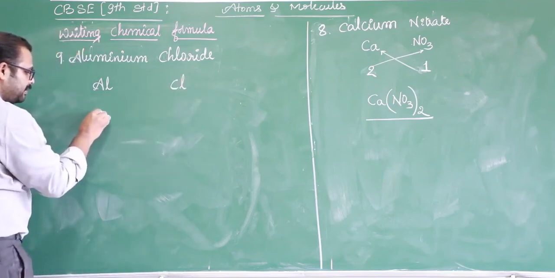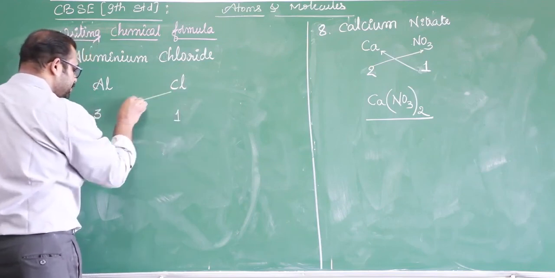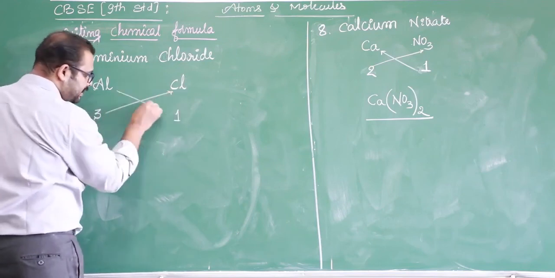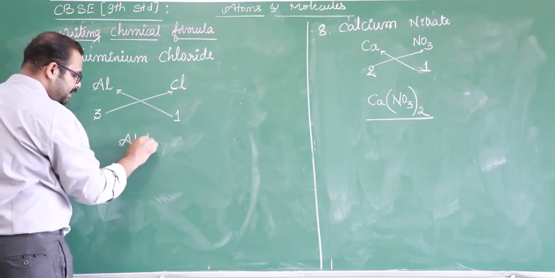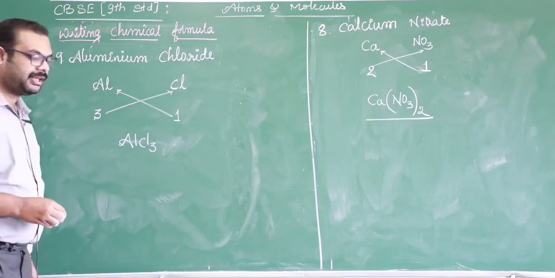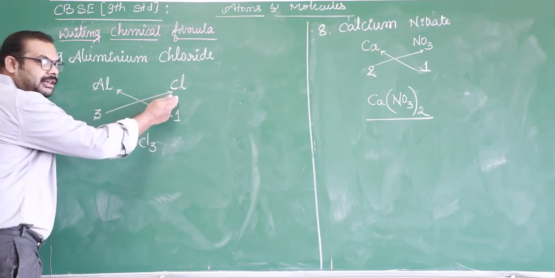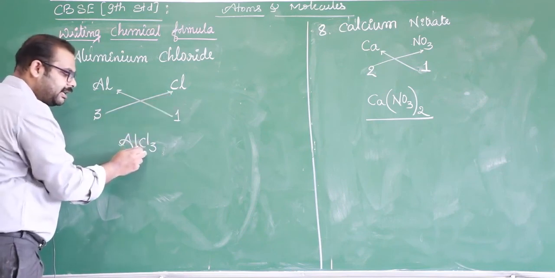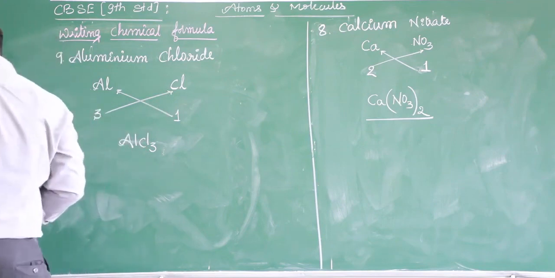So the valence of aluminium is 3 and that of chlorine is 1. So crossing their valencies, you'll get the formula AlCl3. This is aluminium chloride. Now here, this is not a polyatomic ion and it is not necessary to put a bracket for chlorine. And let's see one more.